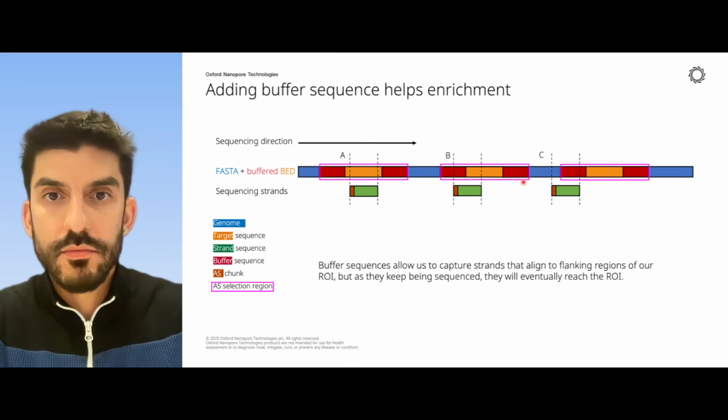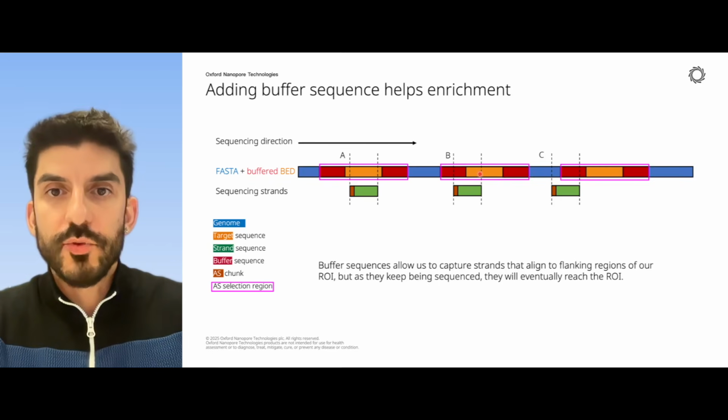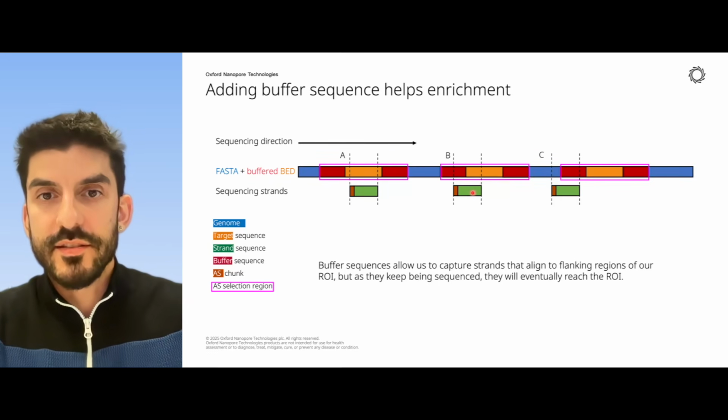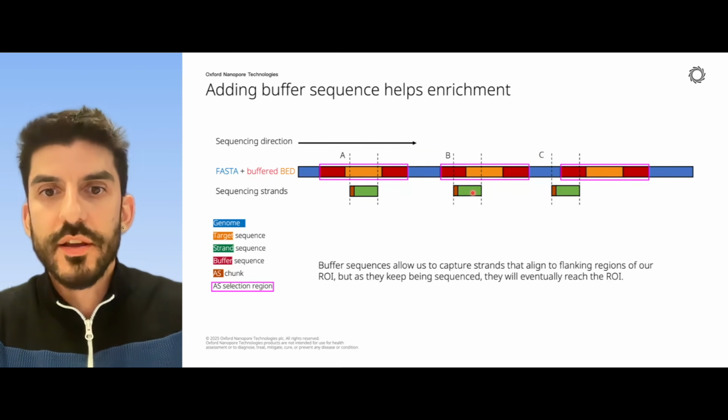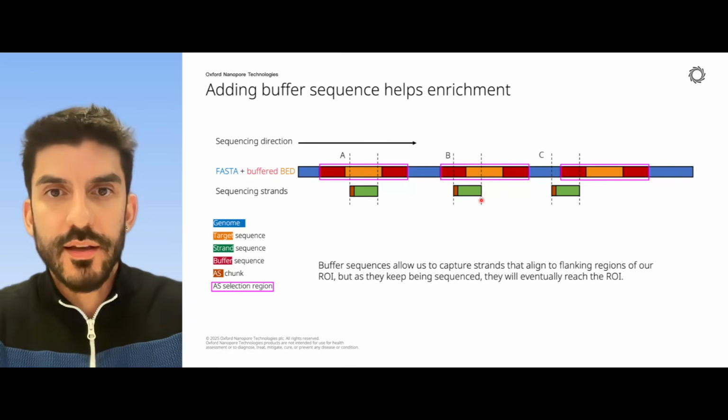For Minnow, everything inside this pink bracket is region of interest. Therefore, we will accept this strand, and this strand will then keep being sequenced until it reaches the region of interest and provides us with the coverage on target that we want from an enrichment methodology.